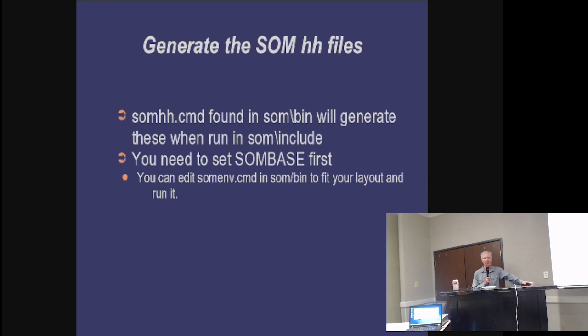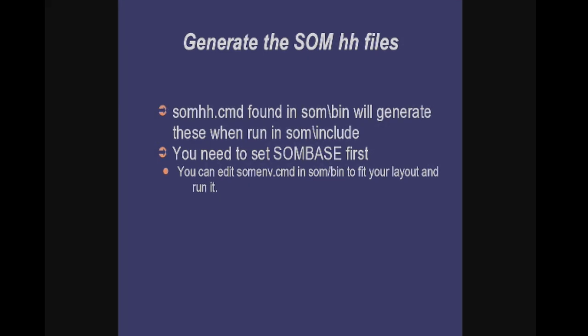Then you have to generate the header files. These are basically the bindings to the C++ code, or the C code. They're found in SOM bin, which is under the toolkit, and it's really quite easy to build them. You just need to set the SOM base, which is just a normal set command, which you can actually edit.